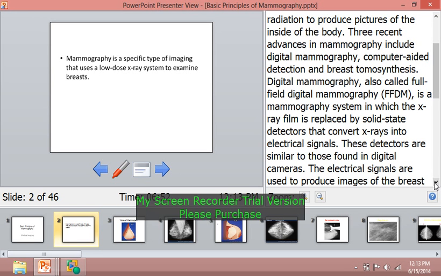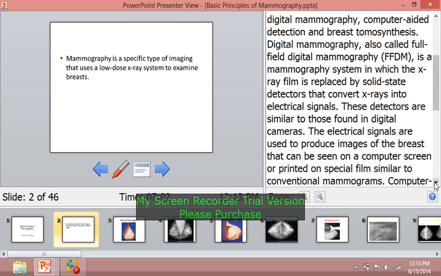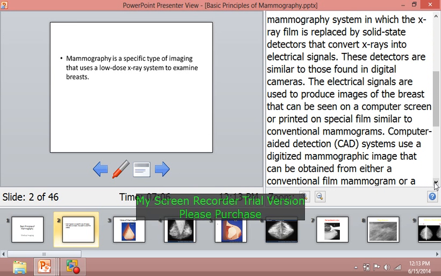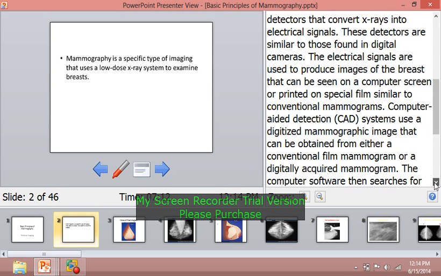So digital mammography is also known as full field digital mammography, in which the X-ray film is replaced by solid state detectors that convert the X-rays directly into electrical signals. So these detectors are similar to those found in digital cameras.